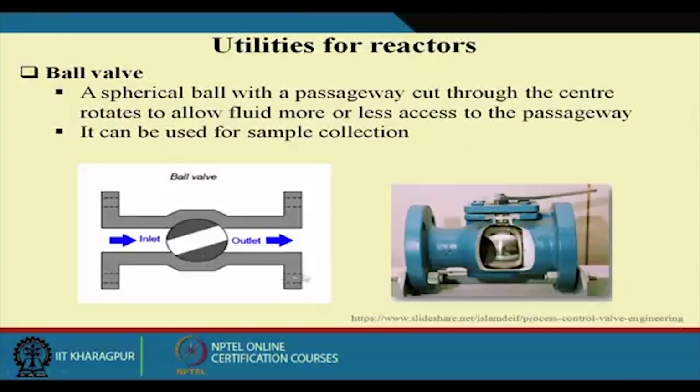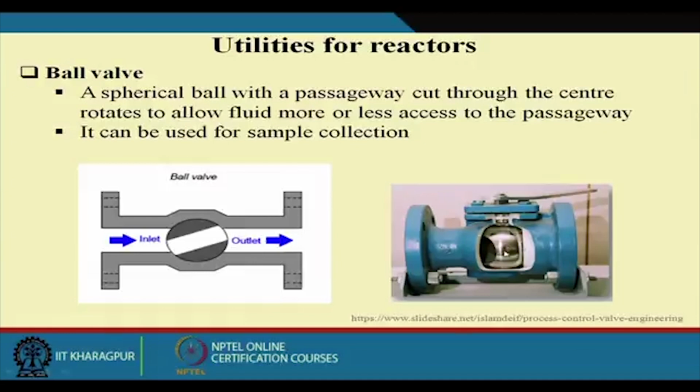Now the ball valve, I was talking about the ball valve being used for sampling purposes. A spherical valve with a passageway cut through the center rotates to allow the fluid more or less access to the passageway. It can be used for sample collection. Let me explain that.